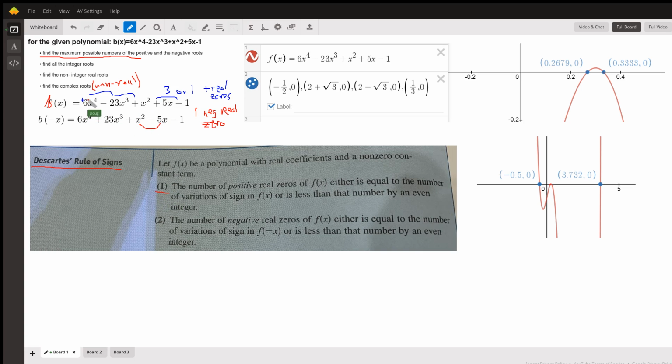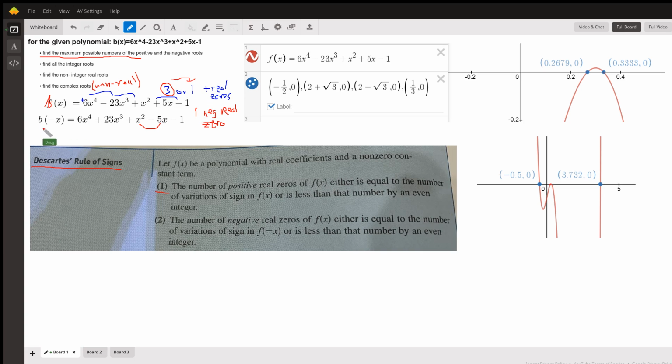The number of sign changes: positive to negative is 1, negative to positive is 2, and positive to negative is 3. So there's either 3 real zeros, or we count down by an even number. So there's either 3 or 1 positive real zeros.